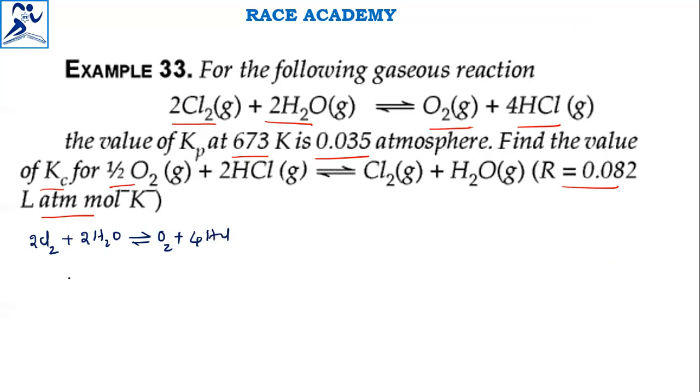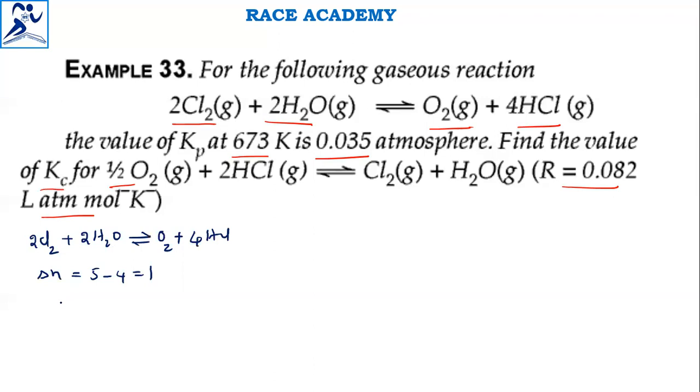In this, all are in the gaseous state, so we can find delta N. Delta N is the sum of the gaseous products, that is 5, minus the sum of the gaseous reactants, 4. 5 minus 4 is 1. In this there is no confusion at all. The R value they have already given to us.